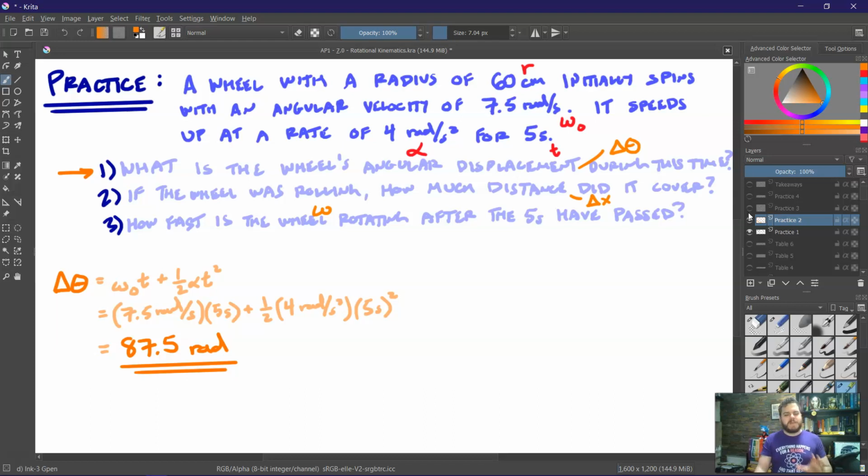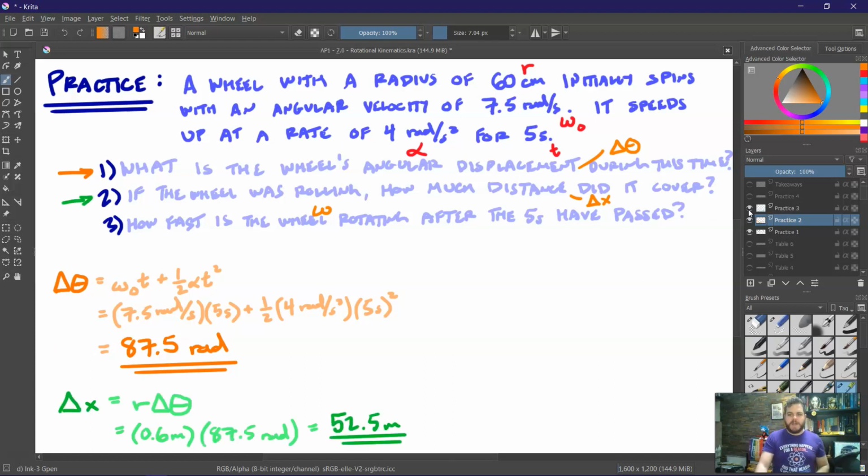Now let's look at the next one. Well, the next one is the amount of distance it's covering. So we're moving from a rotational regime to a linear regime, and I can do that by just taking my delta theta and multiplying it by r, which is the distance to this point, which is 0.6 meters, and we get that a point on the edge of the wheel has gone 52.5 meters during these 5 seconds, or in other words, the wheel would have rolled a distance of 52.5 meters.